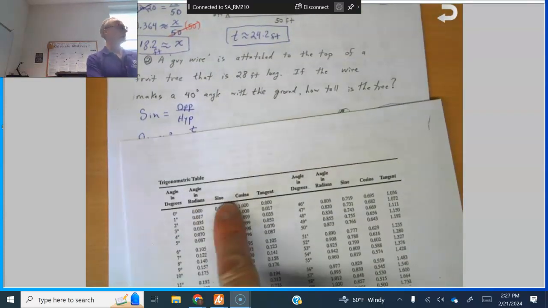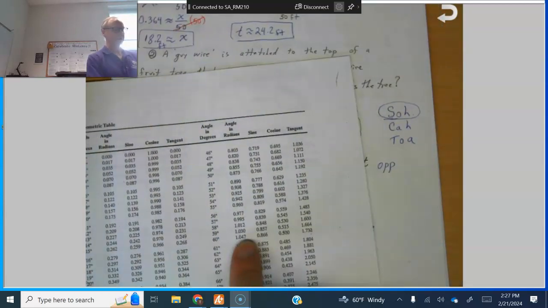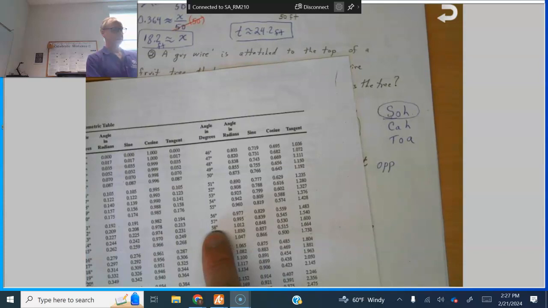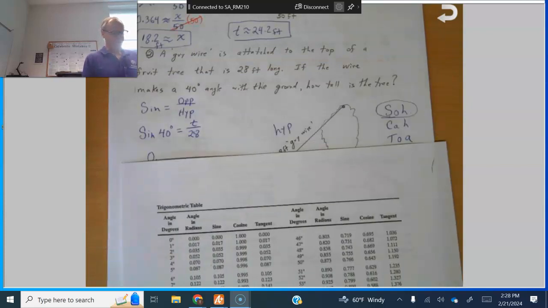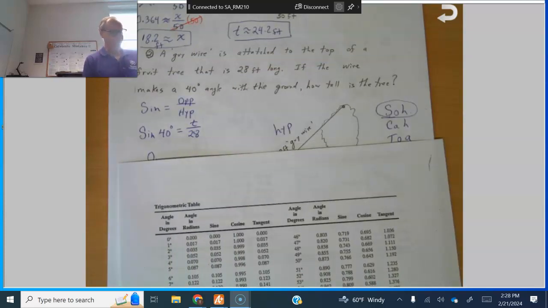Remember, the first column is radians, the second column is sine. Y'all see that 60 degrees is about 1 radian? See? It's about 57, 58 degrees for 1 radian. But what's the sine of 40, guys? I'm getting 0.6343.